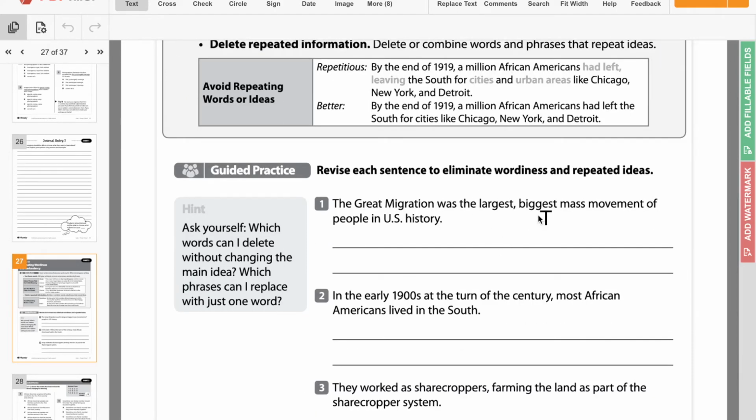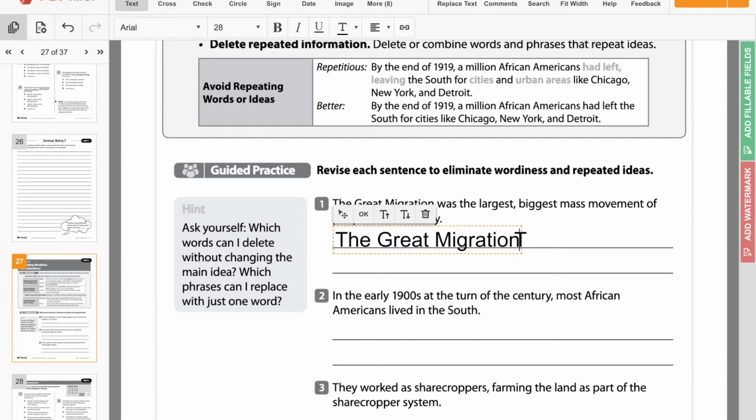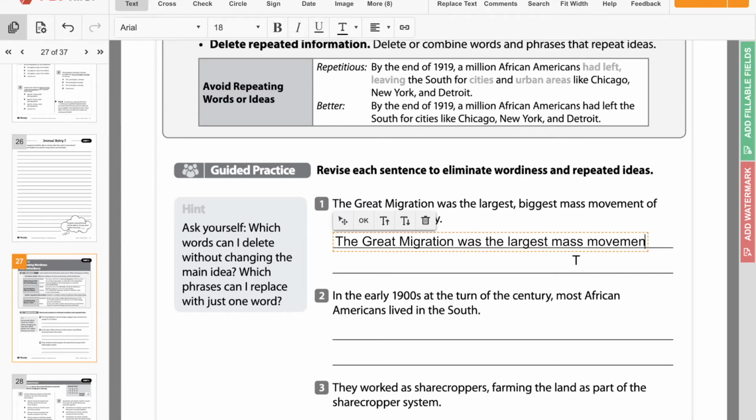Well, we see a little bit of repetition here, right? With "largest" and "biggest." Those mean the same thing, right? So we can just choose one of them. We're going to go with the first. So we would say, "the Great Migration was the largest mass movement of people in U.S. history."